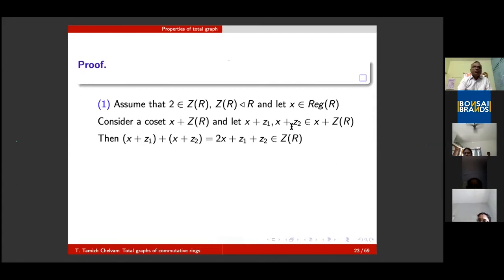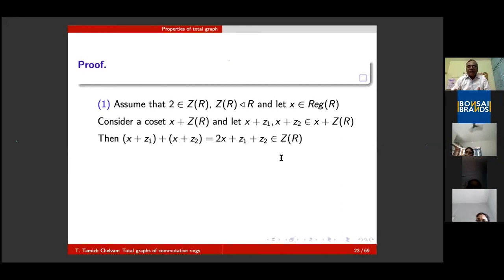You add these two: x plus z1 plus x plus z2 is 2x plus z1 plus z2. Z1 and z2 are elements of Z of R, and Z of R is an ideal. Therefore, their sum is in Z of R. 2 is an element of Z of R, so I can multiply by x; it is an ideal, so 2x is an element of Z of R. Addition is once again in Z of R because Z of R is an ideal.